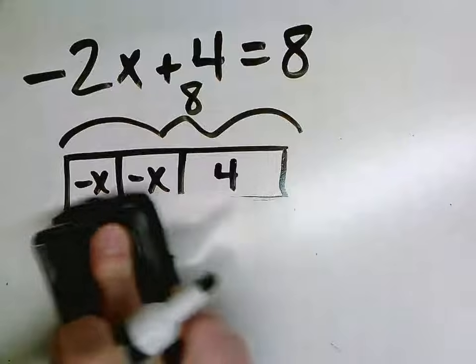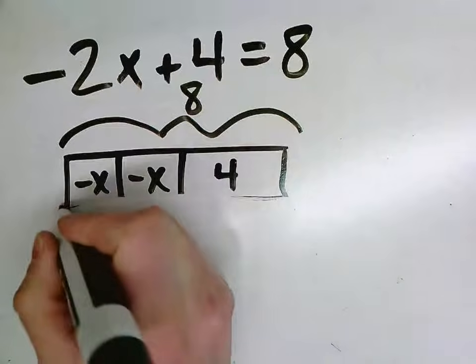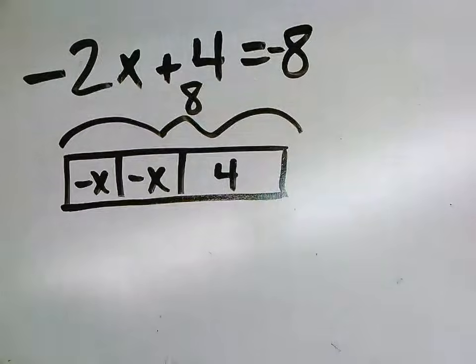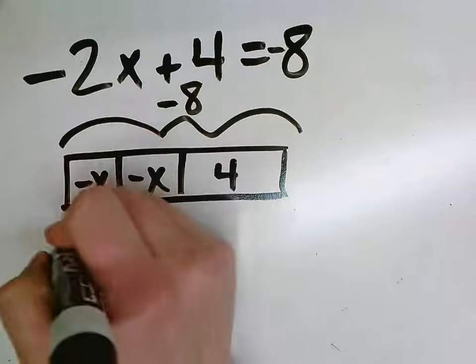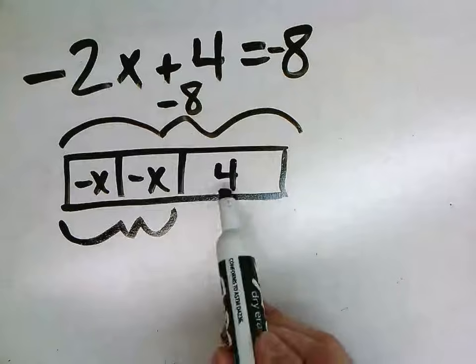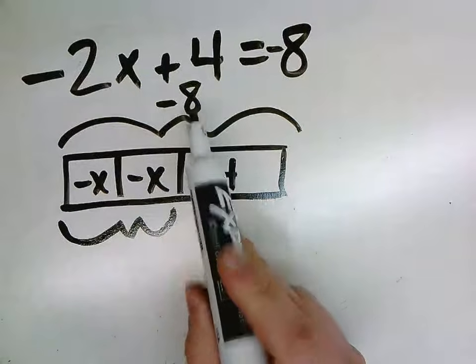But one thing to be careful about is if we would have the same equation except we would end with a negative 8 over here. That means now we need to think about this being a negative 8. So now when I go to think about what this x needs to be, I'm thinking about 4 plus what is going to get me to a negative 8.